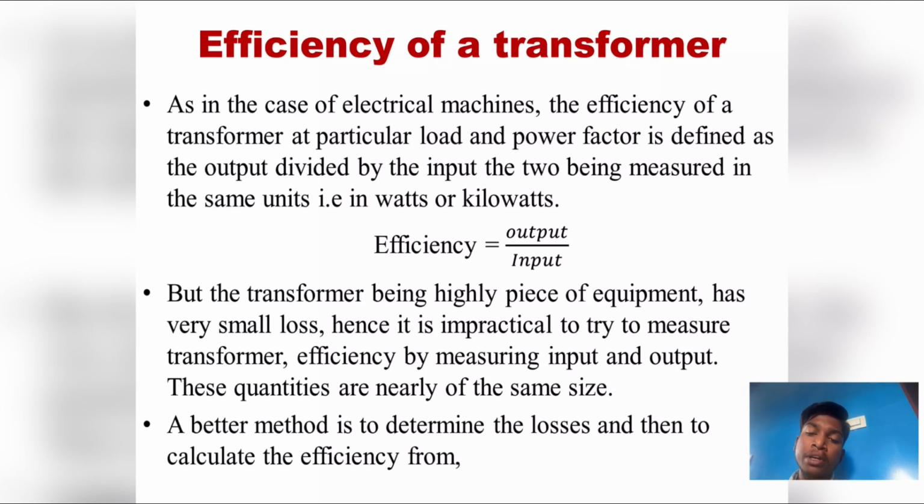But the transformer, being a highly efficient piece of equipment, has very small loss, hence it is impractical to measure transformer efficiency by measuring input and output. These quantities are nearly of the same size. A better method is to determine the losses and then calculate the efficiency.